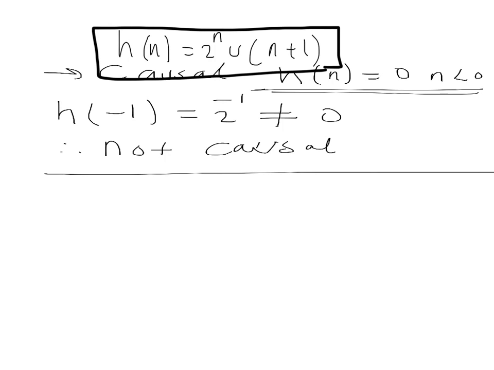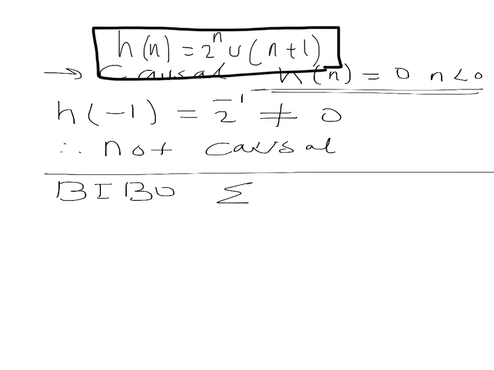The second part is about the stability, BIBO. And now let's test it. We can say the system is BIBO stable if and only if its impulse response is absolutely summable.